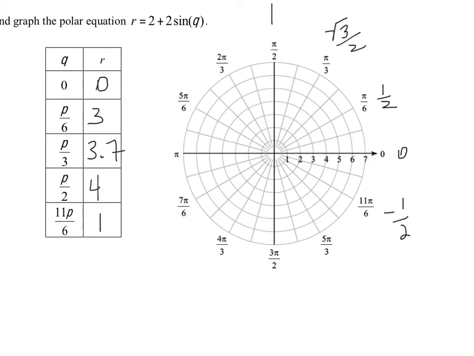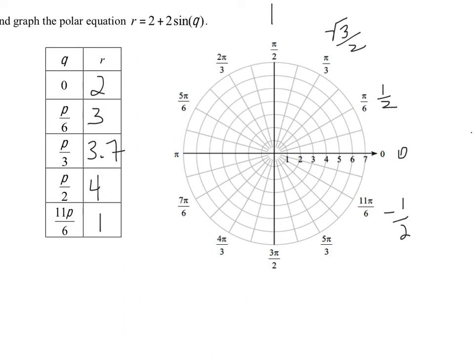Okay, so I've completed my table, and I multiplied 2 times 0 is 0, 0 plus 2 is 2, not 0. Let me fix that. So this first one right here should be a 2. There we go. Now the next one was 2 times 1/2 is 1, 1 plus 2 is 3. The next one ended up being 3.7.